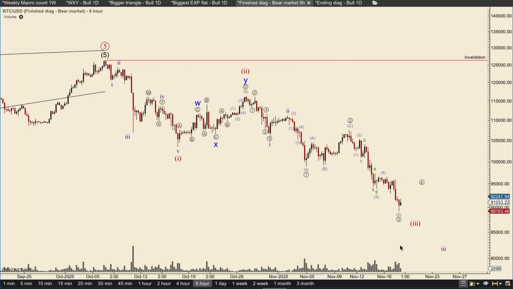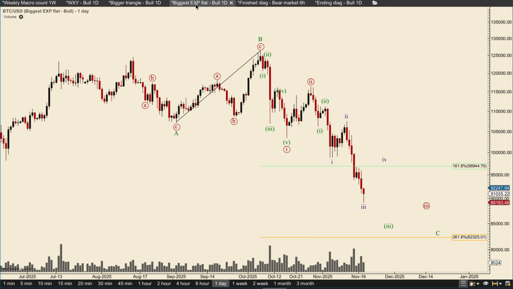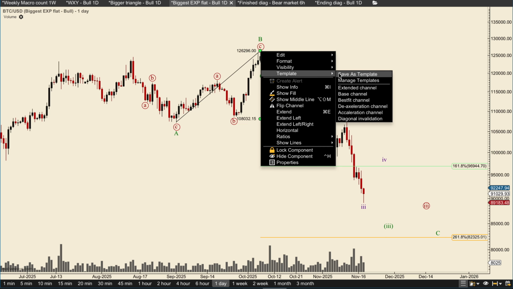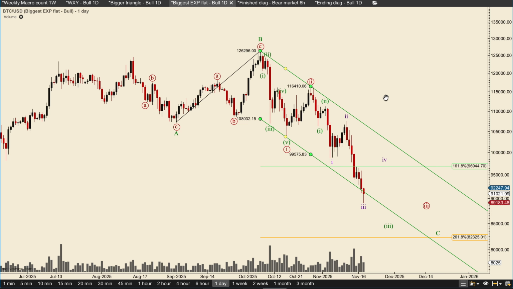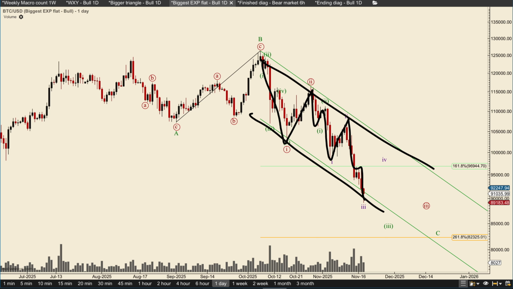And I will show you here, we can also use a channeling technique. If we take a channel here and drag it to here to basically contain this wave C, you can see that the whole structure fits inside of this channel.